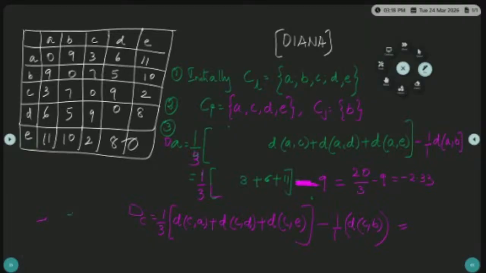So now if we compare average dissimilarity, D has more average dissimilarity. Is it right? Shift data point D into CJ.